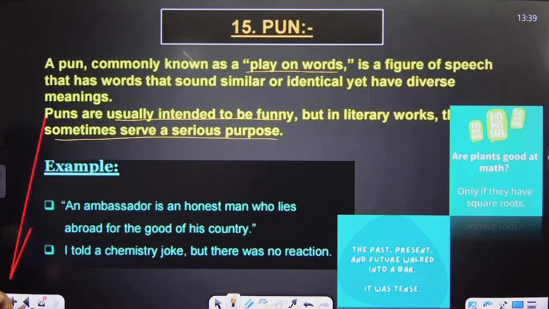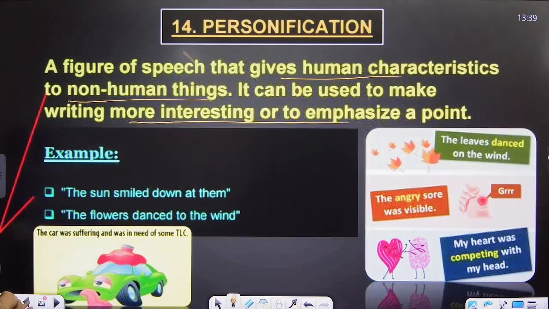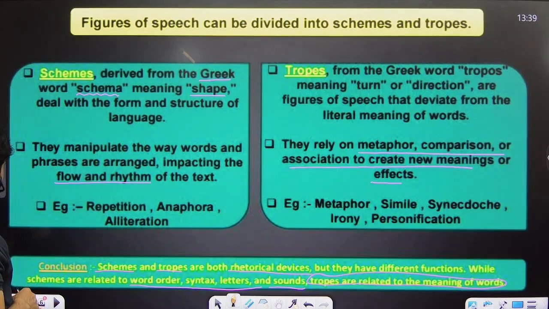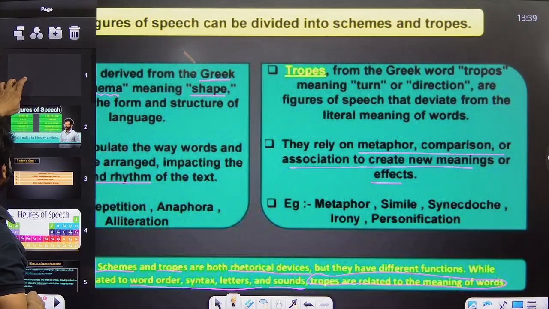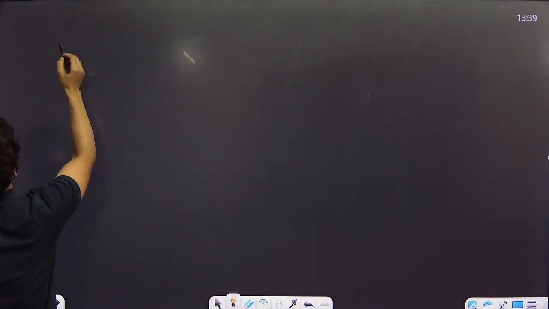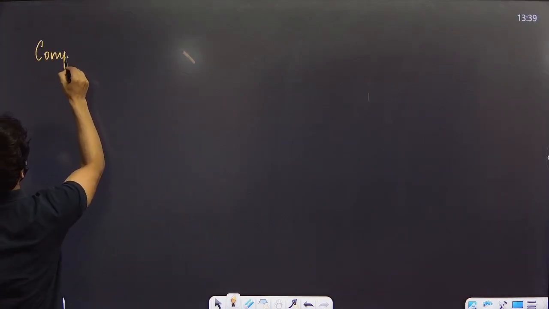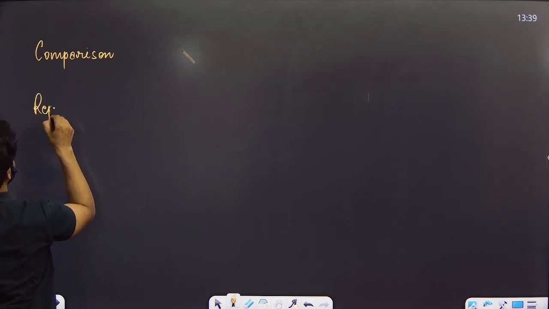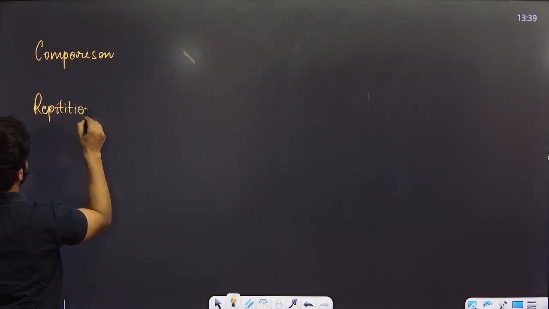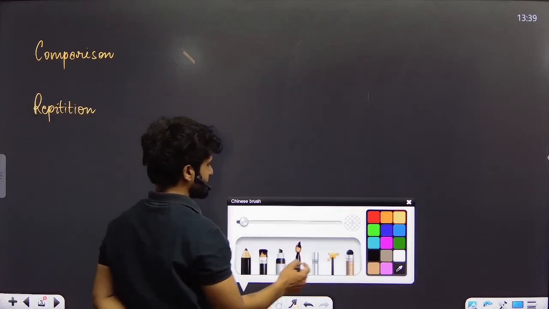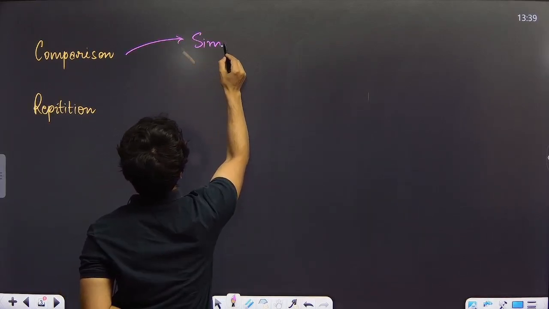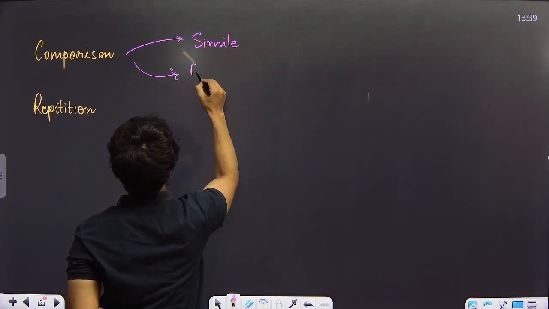So in total, how many literary devices did we discuss at the last? Total we have discussed 15 literary devices. Meanwhile, if you could remember, for the case of comparison, we learned simile, metaphor.